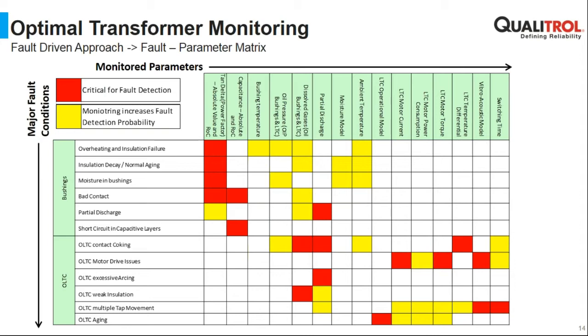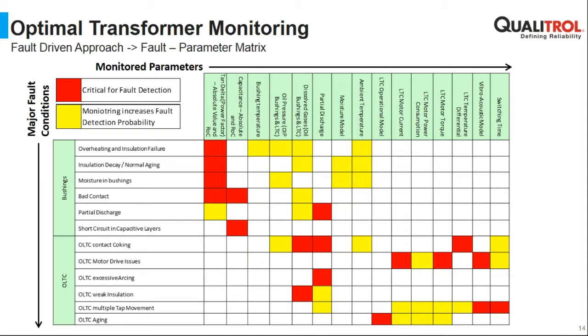And additionally, of course, some people also take oil samples, and we have to be careful with that because the amount of oil is not that big, but it could also be an additional help. And for oil impregnated paper bushings, sometimes the pressure inside the oil of the bushing can also be measured.